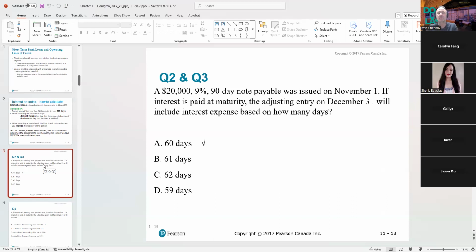Once you return the money, no more interest. So what do you have to do? If you borrow money, borrow it at 8 o'clock in the morning. And if you have to pay it back, pay it at 5 o'clock in the afternoon. That's how you buy yourself an extra 9 hours.